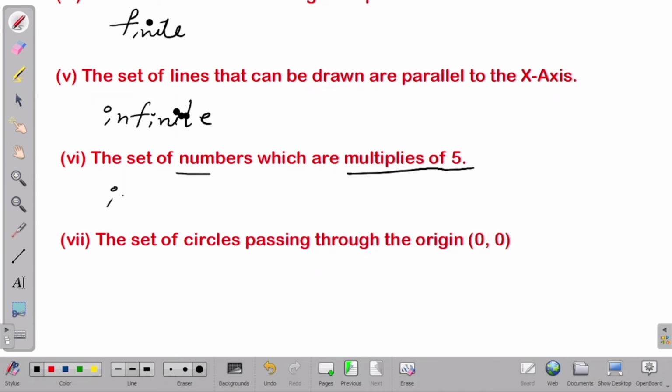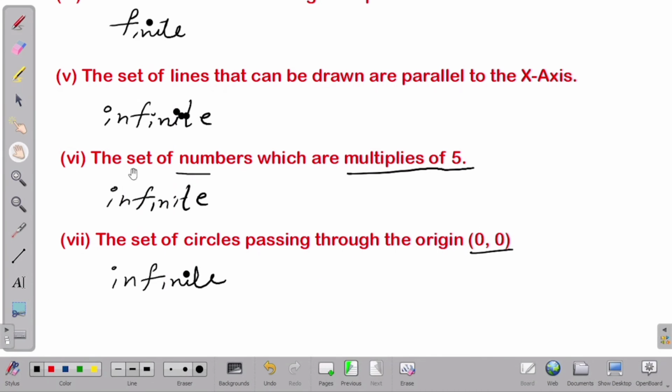It is also infinite. Last one, the set of circles passing through the origin (0, 0). It is also infinite.